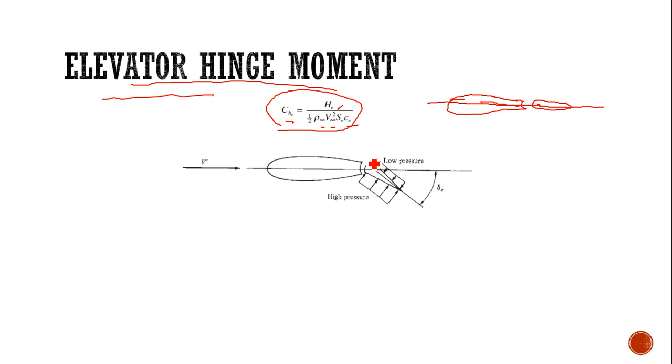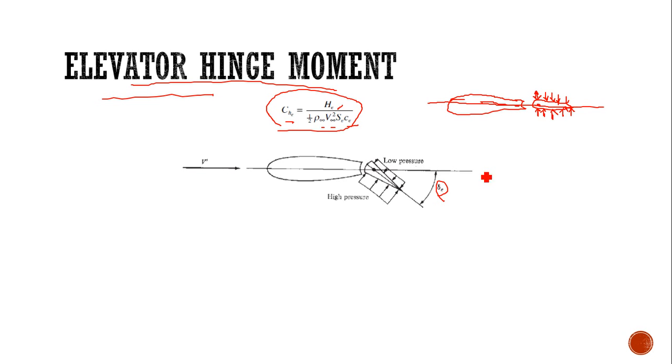When the elevator angle, delta E, is 0, the pressure distributions will be equal. The pressure distribution over the top surface and the bottom surface of the elevator is the same, so there won't be any lift acting here.